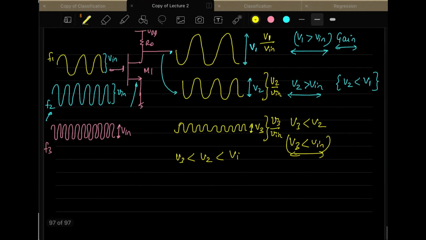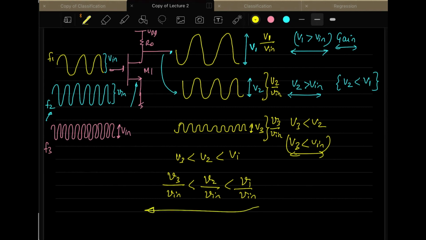So the third gain is less than the second gain, which is less than the first. This means as you increase the frequency of the sinusoid, the gain decreases. Any question here regarding this?